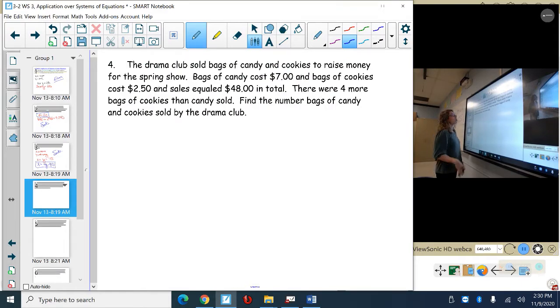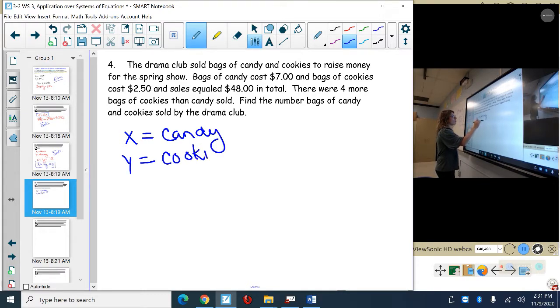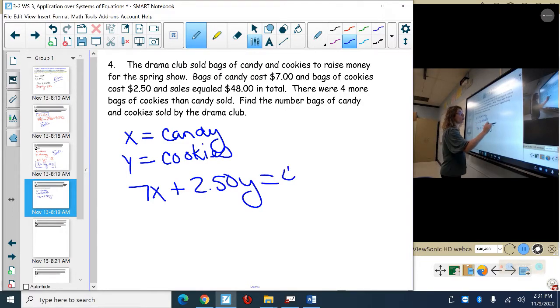Number 4, the drama club sold bags of candy and cookies to raise money. So X is equal to my candy, Y is equal to my cookies. Bags of candy cost $7 and bags of cookies cost $2.50, and the sales equal $48. So my bags of candy is 7X, my cookies are $2.50Y, and that has to equal my total cost of $48.